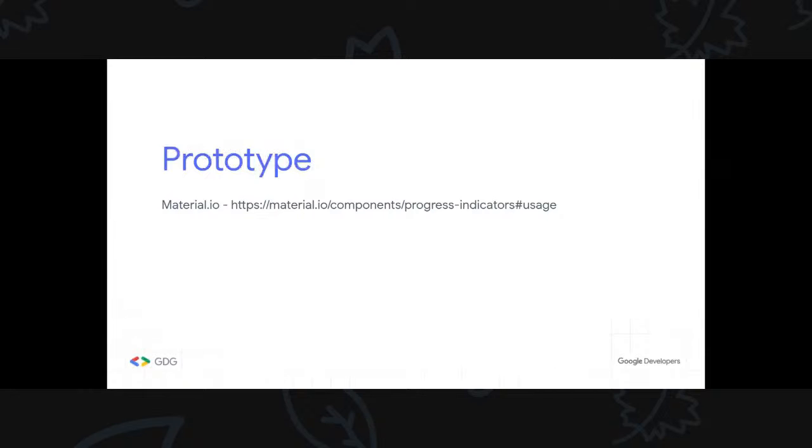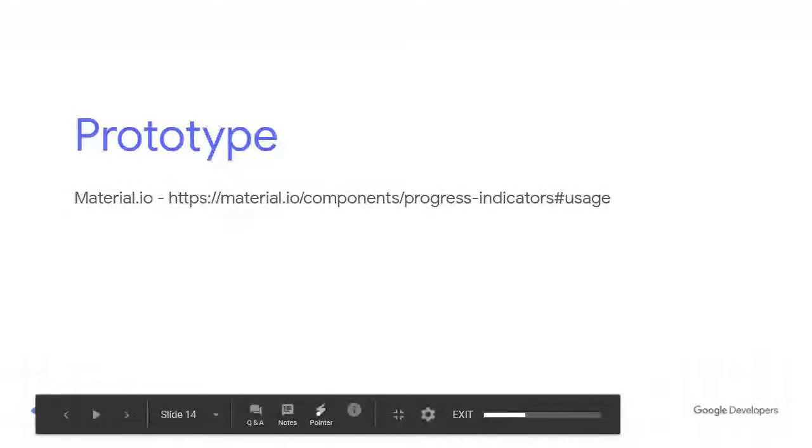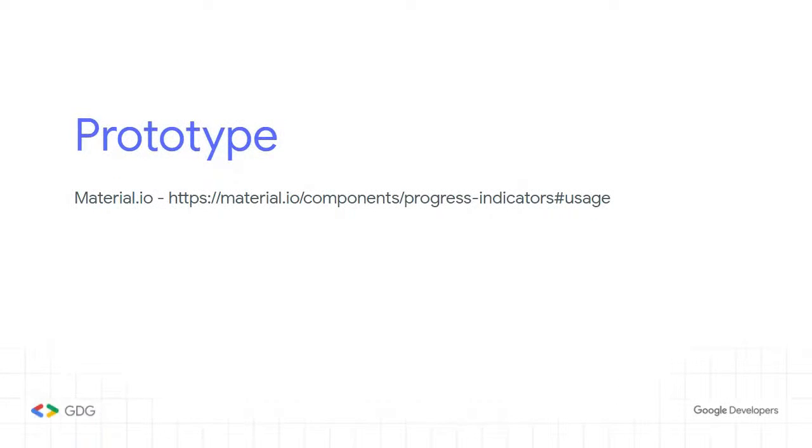So maybe you can start by prototyping with progress indicators from here, or you can also use Wireframe Pro or any wireframing tools out there, like Figma, to make sure to implement these animations and transitions, and get some feedback.